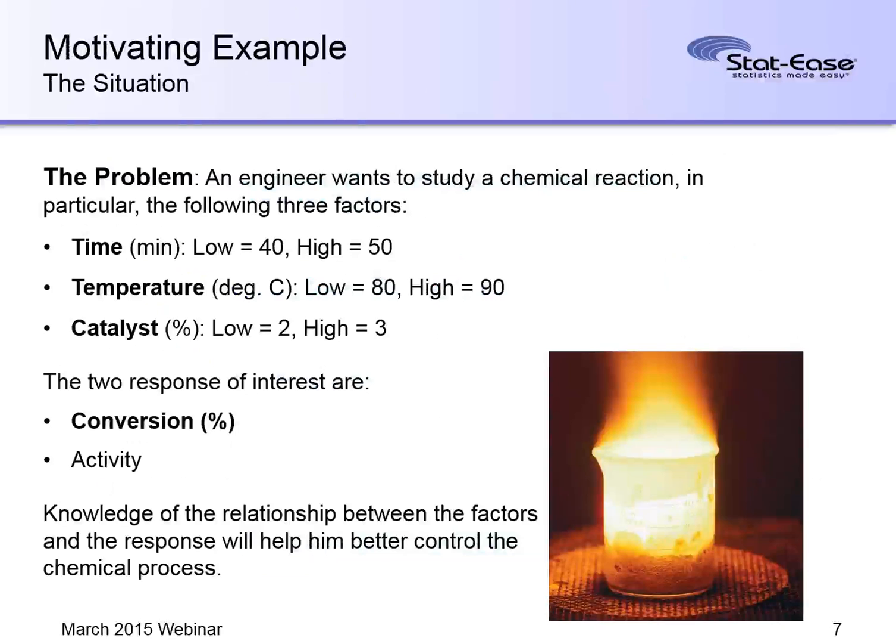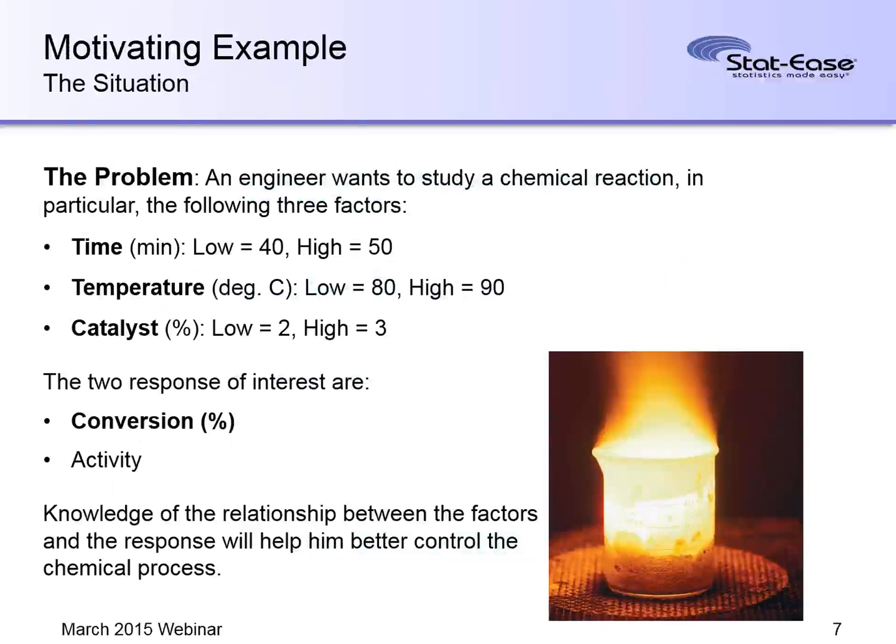For example, time. So the low level of interest would be 40 minutes, and the high level of interest would be 50 minutes. He can also vary the temperature. The lowest level that he's interested in is 80 degrees Celsius, and the highest is 90 degrees.